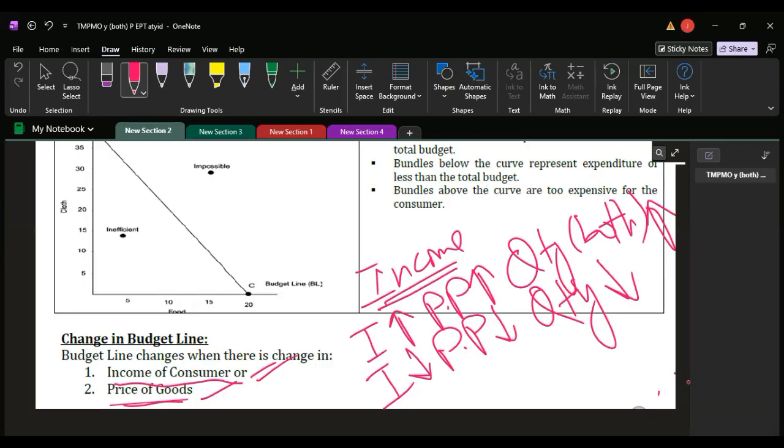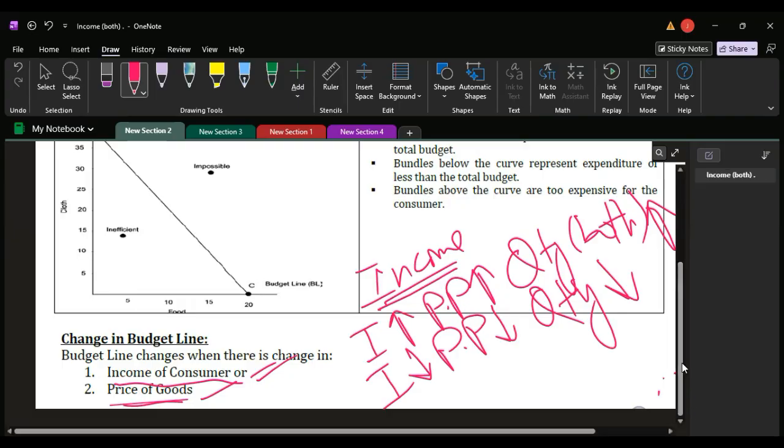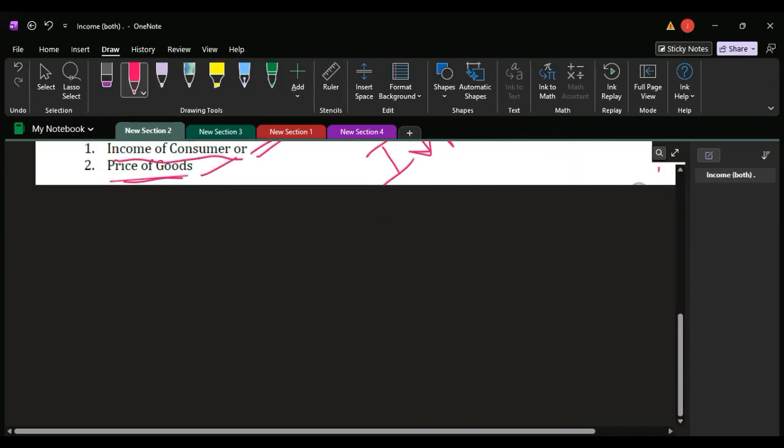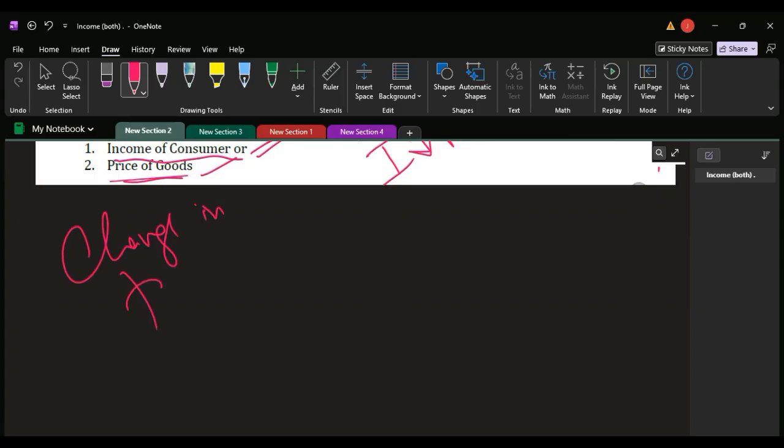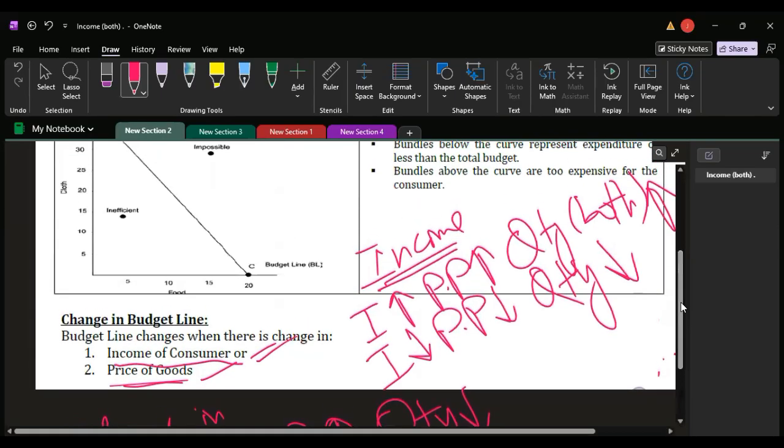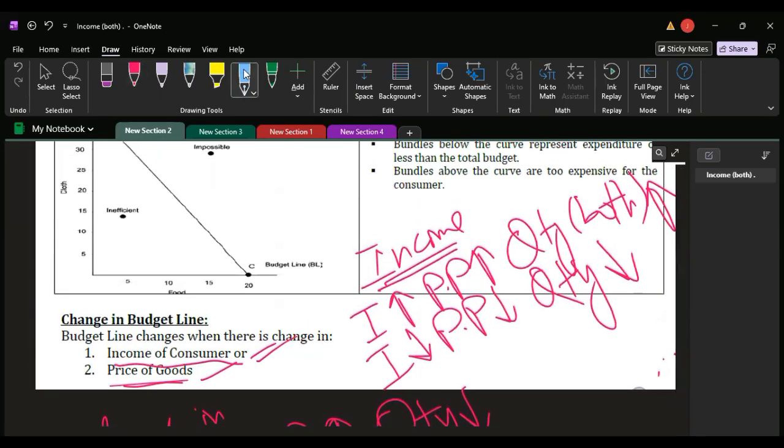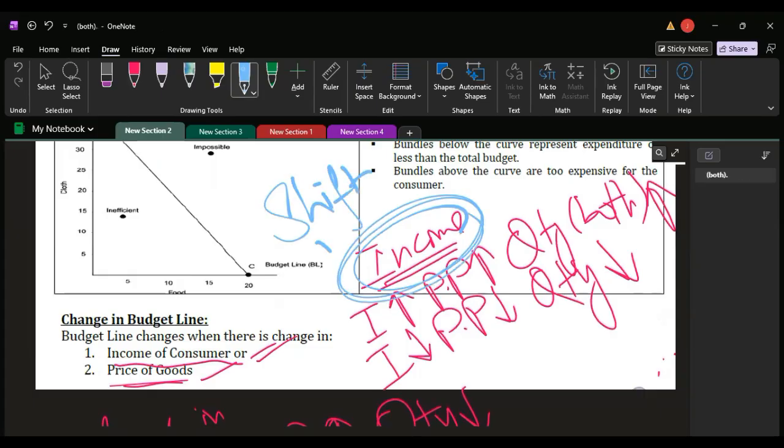And the second one was change in the price of the goods. So when there is a change in the price of the product, let's say if the price of the first product is increased, then the consumer will consume less amount of this product. That will create a change in the budget line. In case of change in income of the consumer, there is a shift in the budget line.